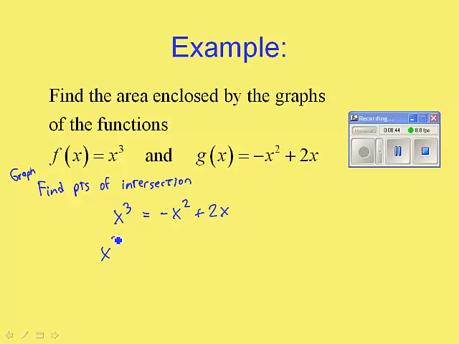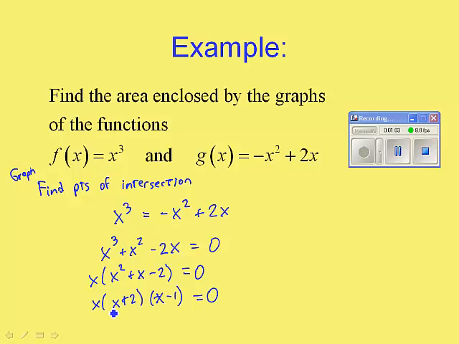This one is another made for the math class example. Works out real nice. Factor out your x. And then you get that. Okay, so where do these things intersect? At 0, at -2, and at +1. So when we draw this graph, I could draw x cubed.